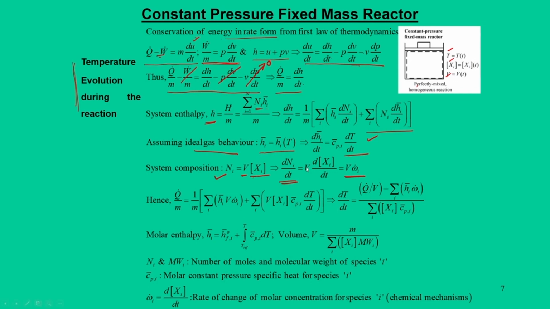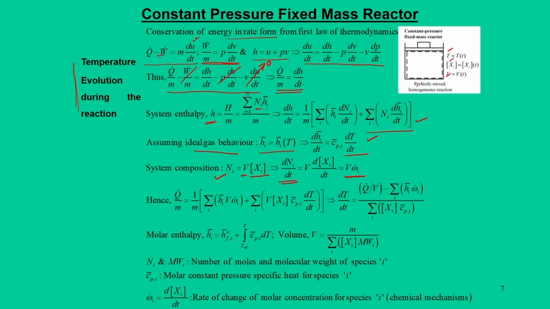So, putting all these terms in this q by m, which is dH by dt, in this dH by dt expression we have the Hi term, the dHi term, then we have the Ni term, and we have the dNi by dt term.